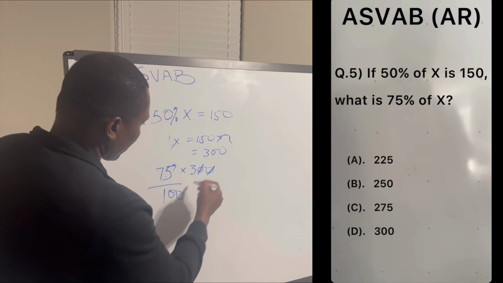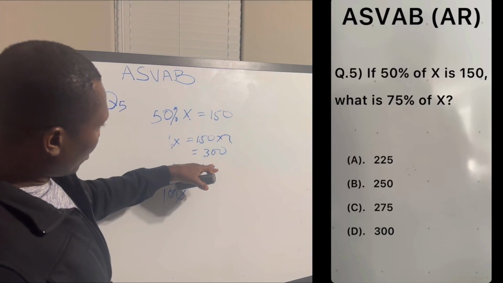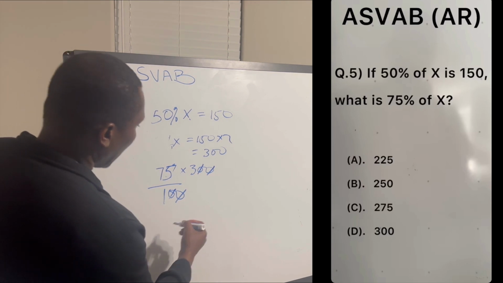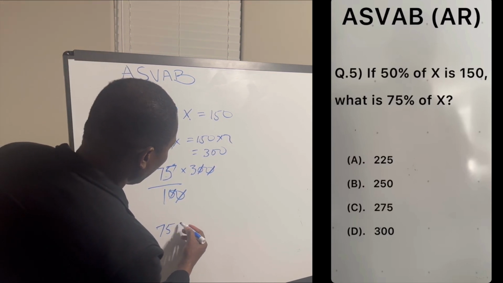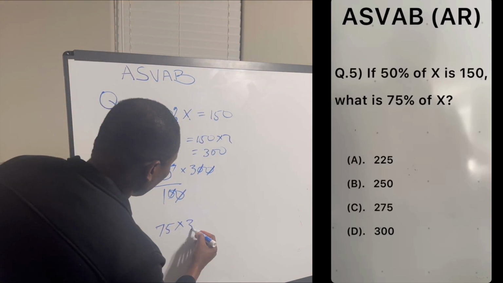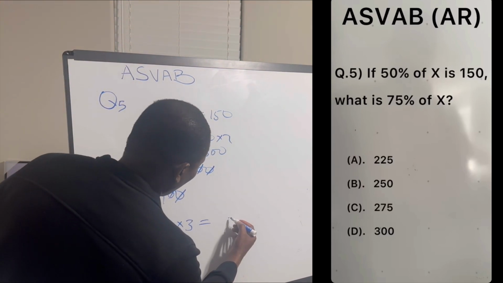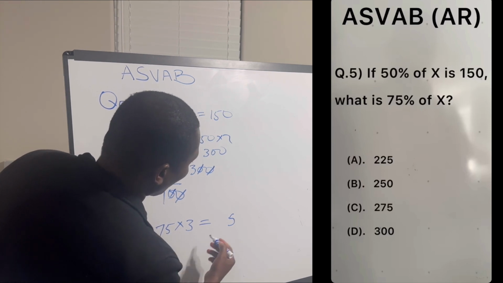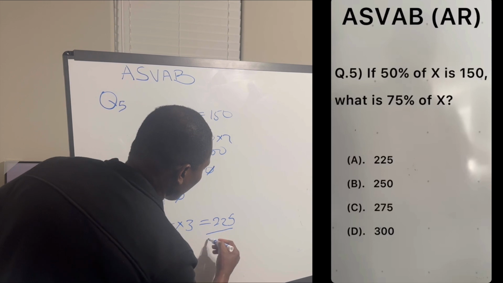The 100 crosses out. In the law of division, when you have the same number on the top and the bottom, they cross each other out. Now what you have left for 75% of 300 is 75 multiplied by 3. So your answer is what? 225. That's good. Thank you. Your answer here is 225.